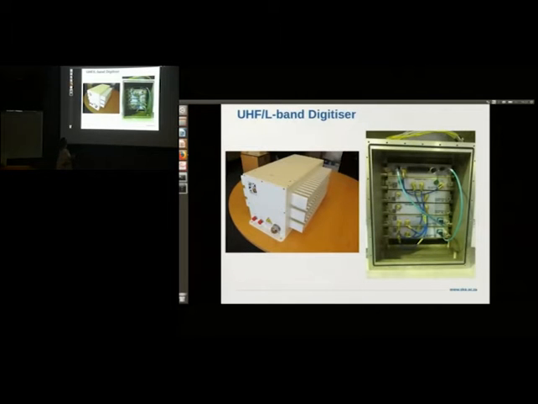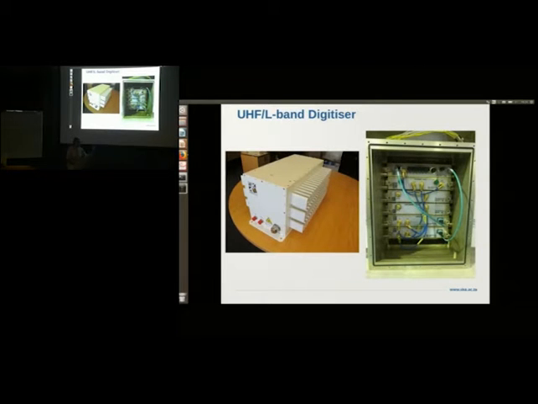So next up, I've got the UHF and L-band digitizer. This specific picture is of a UHF band digitizer. And I would just like to remind you guys that at this point, the signal coming in is still an RF signal. Over here, you can see the SMA connectors, and this is the connector for the optic fiber.